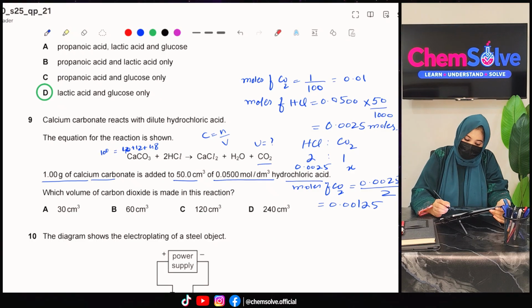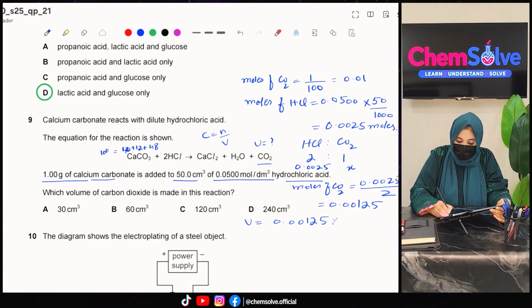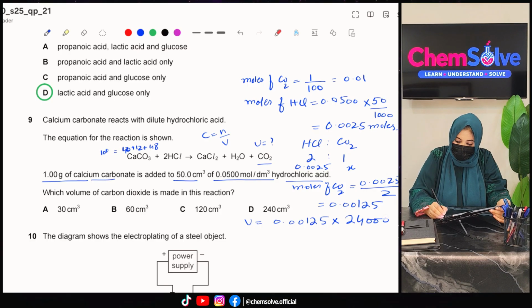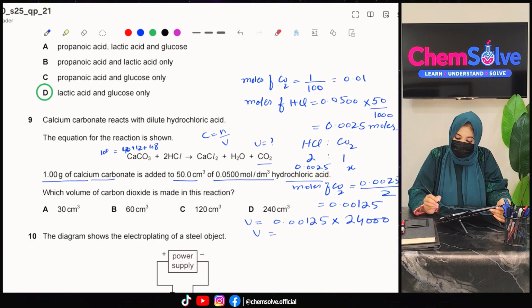They are the moles of carbon dioxide, but we need to calculate the volume. So volume is equal to 0.00125 mole times molar volume, and we have to calculate the volume in cm cube. So I will multiply it with 24,000. We have discussed this formula already in the mole series.